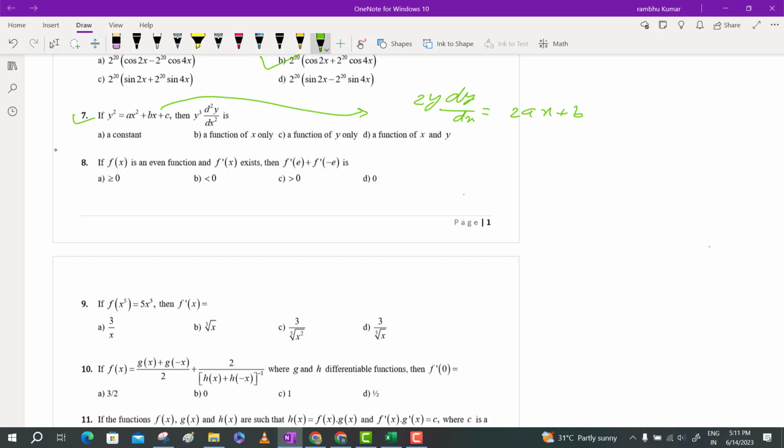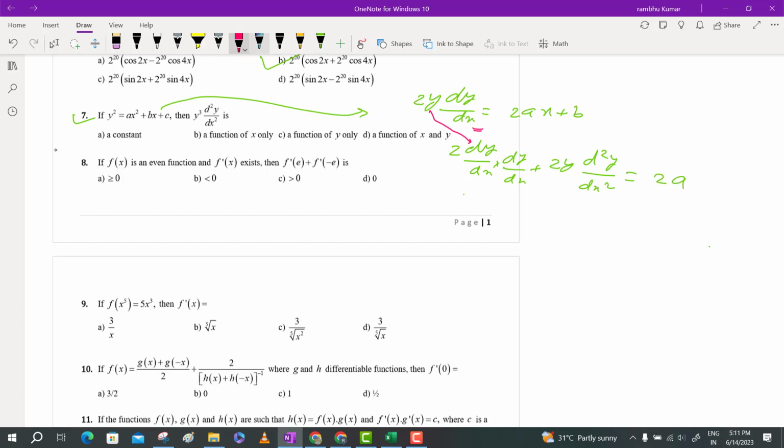Okay, now do the second derivative, find the second derivative of this one. So this will be nothing but 2 dy by dx into dy by dx. So derivative of this one, y is this one, and this will remain as it is. Now plus 2y d square y by dx square, which is equal to 2a.